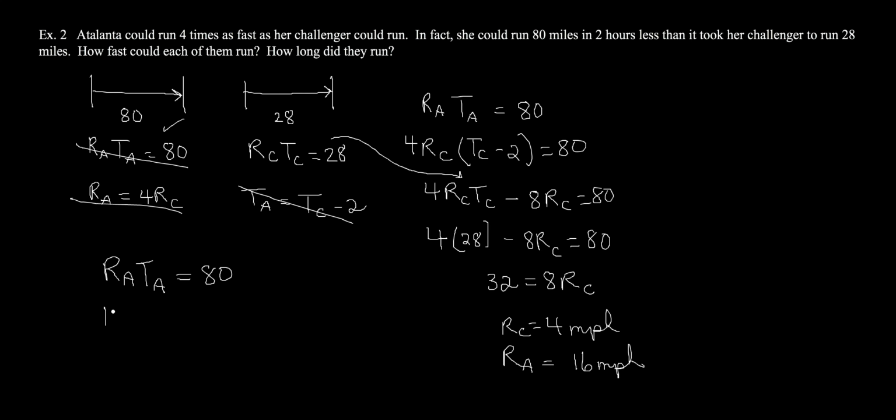So we'd have 16 times the time of Atalanta equals 80. So the time of Atalanta would equal 5 hours. And the time of the Challenger is 2 hours more, so it would be 7 hours. So give those a try and hopefully these will connect.